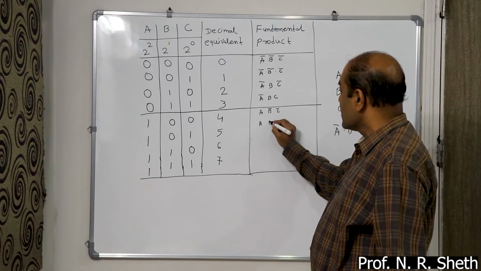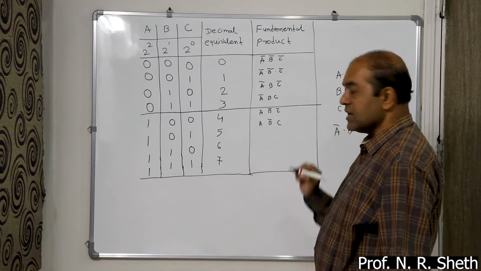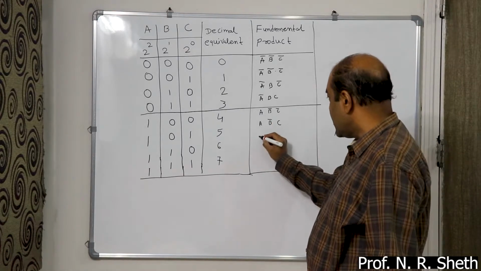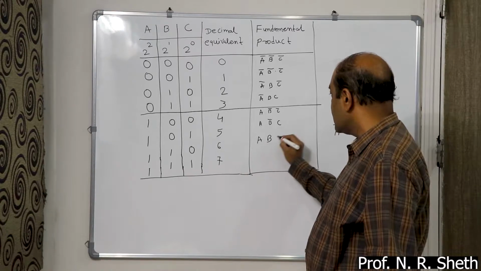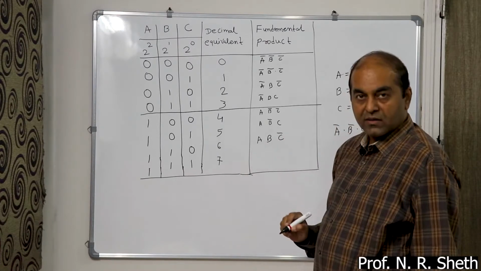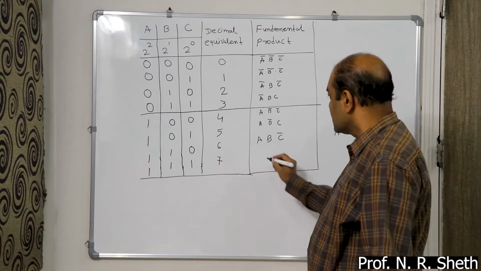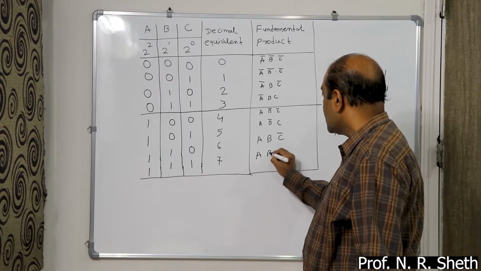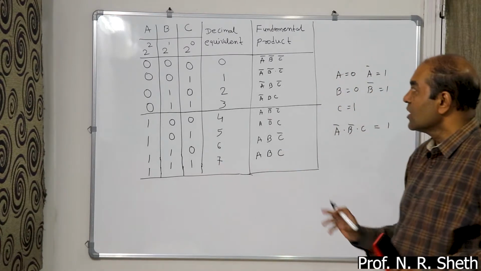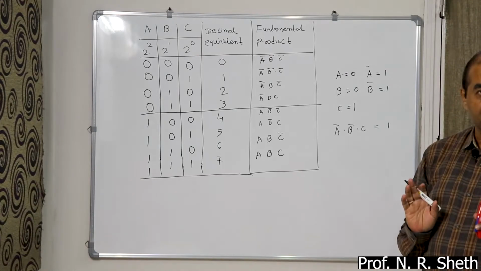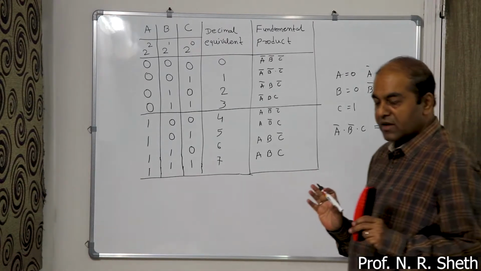A, B bar, C. A, B, C bar. And the last one, A, B, C. So this is your fundamental product. Okay, so this part is clear.